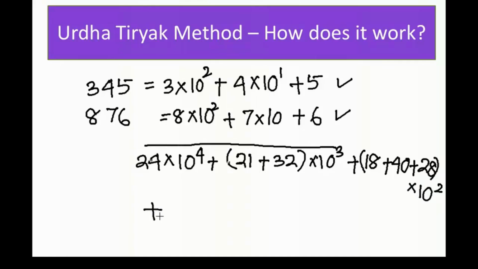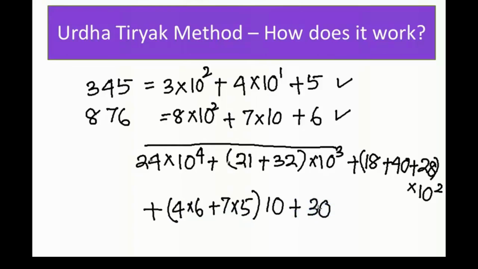To find the coefficient of x, it is 4 into 6 plus 7 into 5, into 10, plus 5 into 6. So now if you add all these numbers that will give me the result.